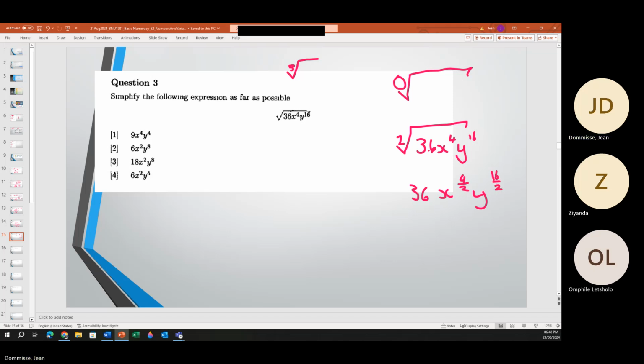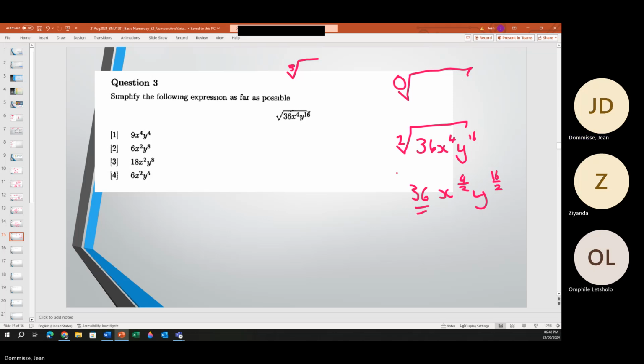So everything to the power, we take away that square root, but then we need to take those powers and divide them by 2. The one important thing as well is we need to do it with the constant.